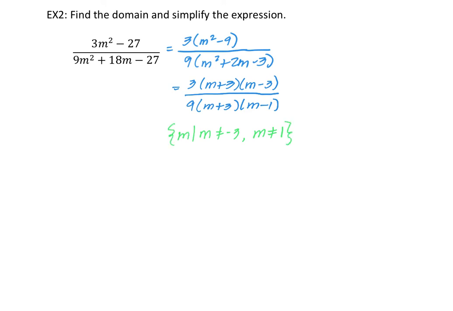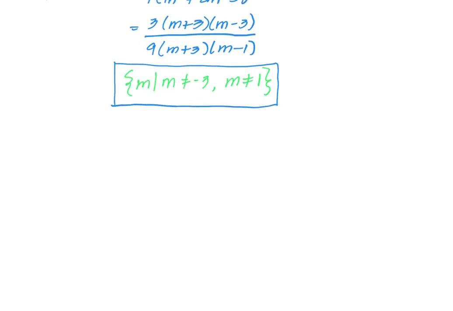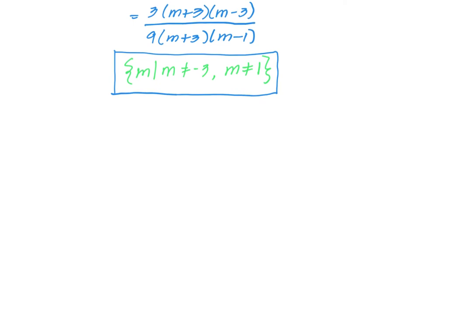The set of all m, because my variable is m, such that m cannot be equal to negative 3, m cannot be equal to negative 1. Now remember, in sets, we're allowed to list elements by separating them with commas. There's a more efficient way to write this domain, and this would probably be what you would see in your textbook or in my lab.